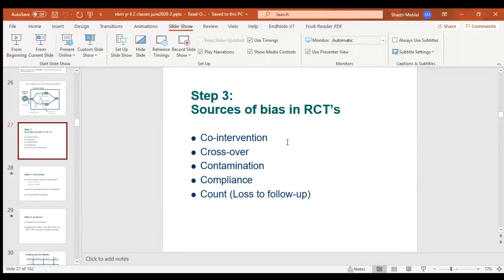I don't know if you all know, but a 300-calorie diet is borderline starvation. It's like not really eating much food. So of course those patients are going to lose weight, but they're not going to lose weight because of the HCG injection. They're going to lose weight because the other treatment they got was a 300-calorie diet. So co-interventions could invalidate the results of a trial.